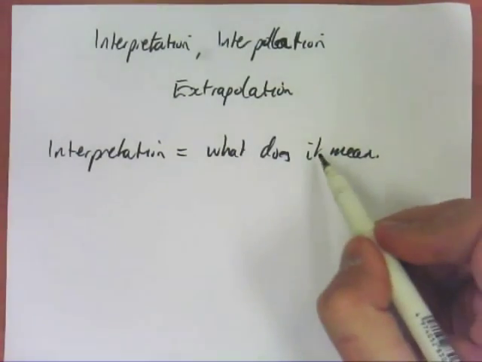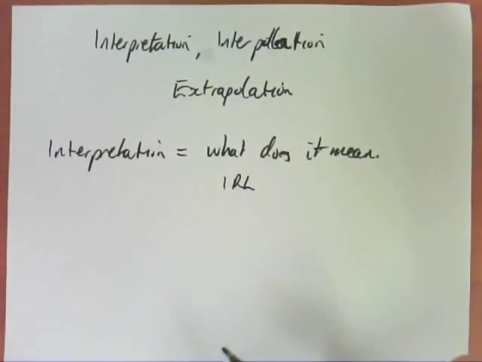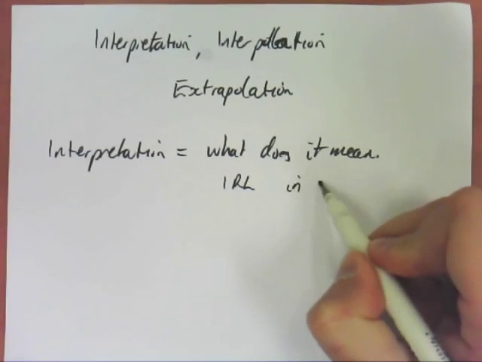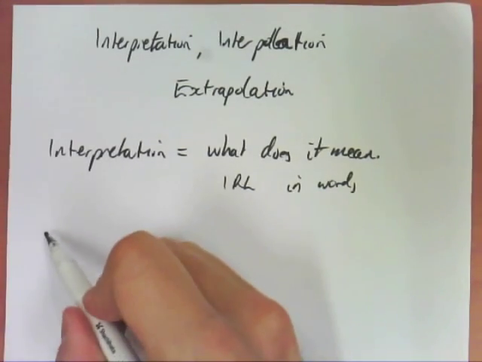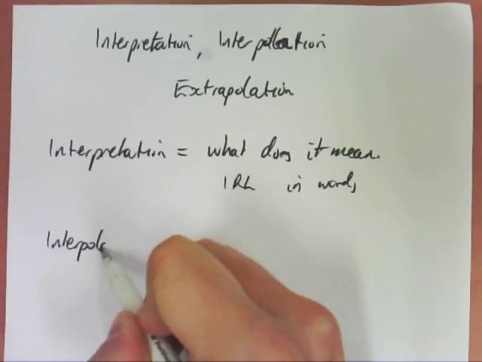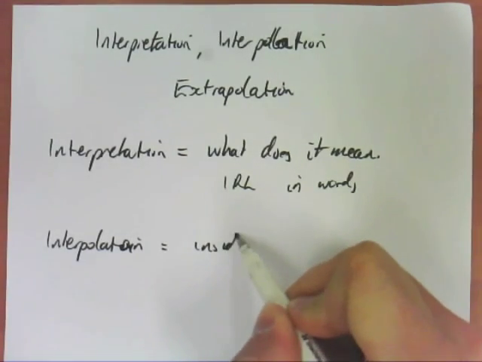If you're asked to interpret something, you need to say it means this, and it's normally in real life, or in words. That's relating what the actual equation means back to the question and back to what that is in real life. With interpolation, that is all about inside our data set.